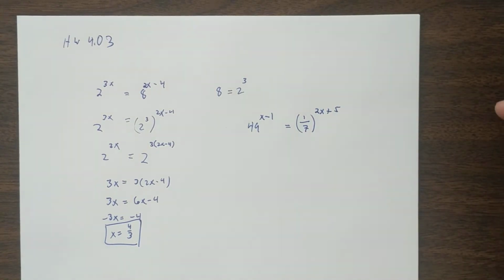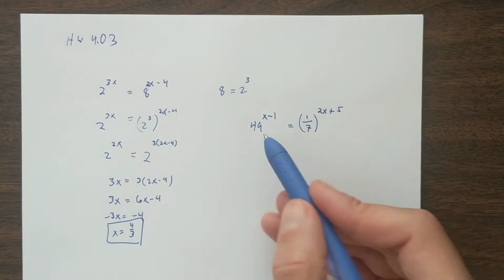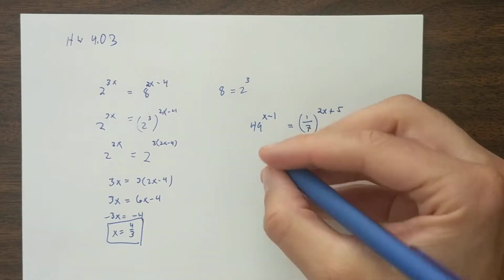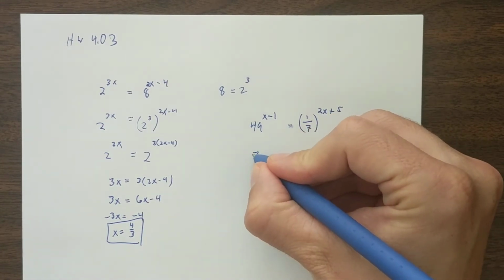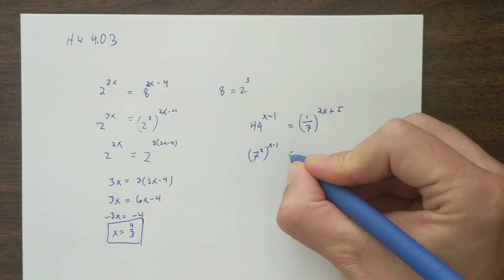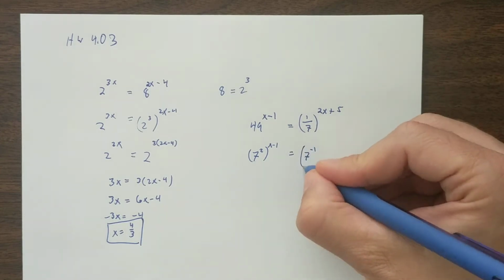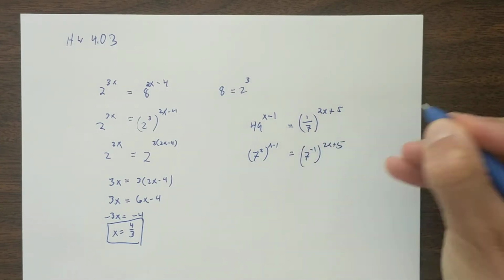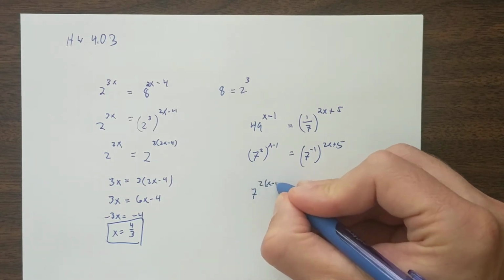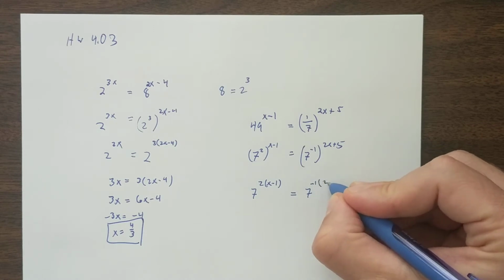Okay, so here's another one, but again, we recognize, 49 and 7. These both can be written as powers of 7. So this is actually 7 squared to the power of x minus 1. And since it's 1/7, this is actually 7 to the power of negative 1 to the power of 2x plus 5. In which case, this is 7 to the 2x minus 1 equals 7 to the negative 1 to x plus 5.